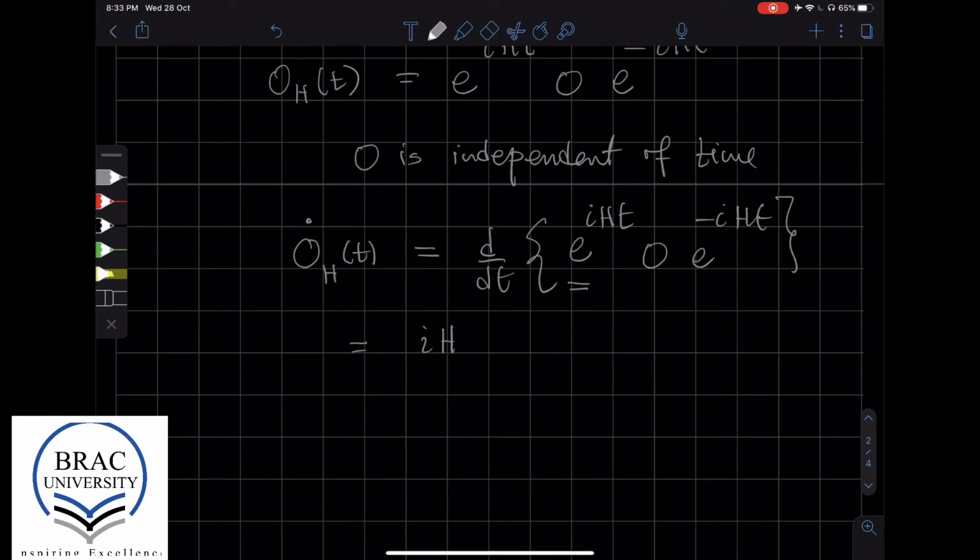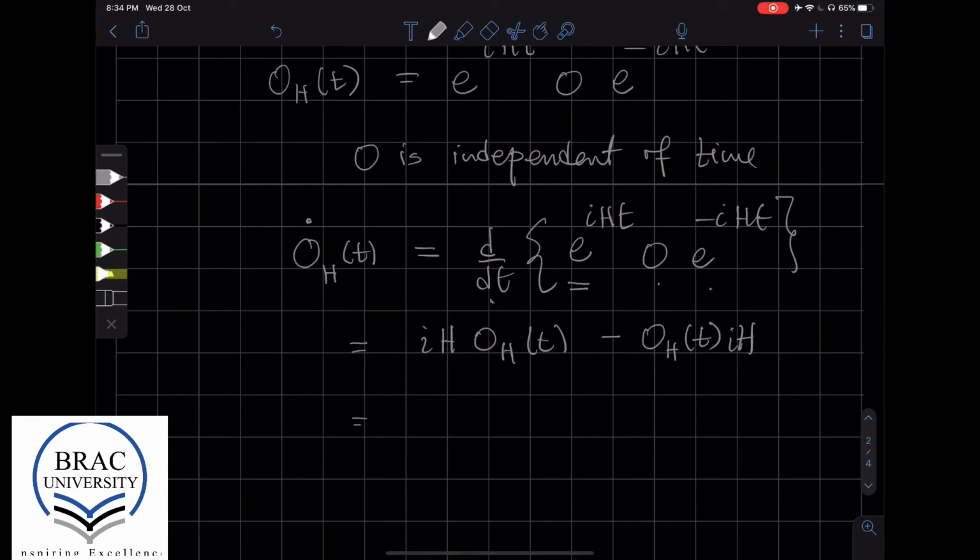So I do get iH O_H(t), and then the second term would be this thing acting on O, but this is time independent, so that won't contribute anything. And the last term would be this acting on this, and that is going to give me minus O_H(t) times iH.